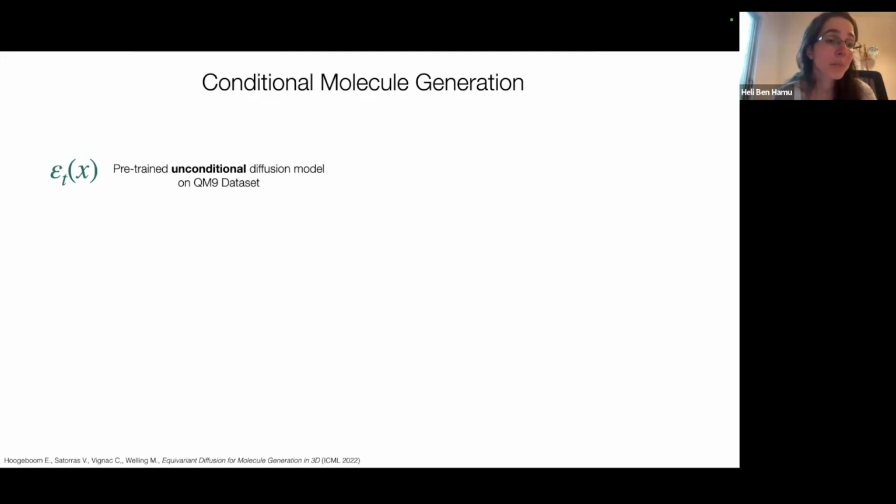I'm not sure what will happen when you have discrete data, but eventually, when your data is discrete, you do have some projection in the end of the generation process.